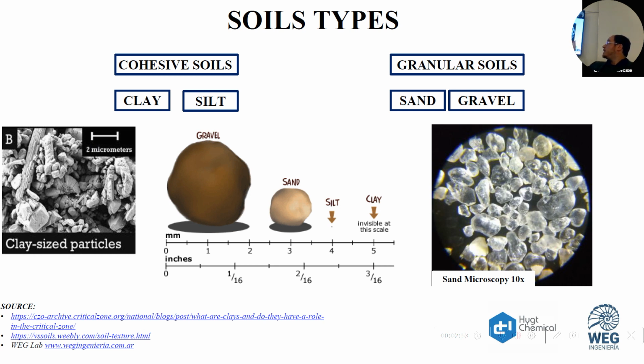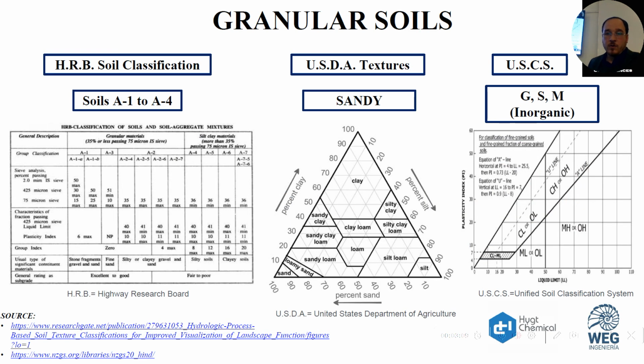That is why we started the development of this chemical product, a different solution based on the same principle of chemical stabilization, but with a different approach. Granular soils can be classified by different methods. The first method is more used for roads or civil engineering: soils A1 to A4 are mainly the granular soils, though A4 is the limit.